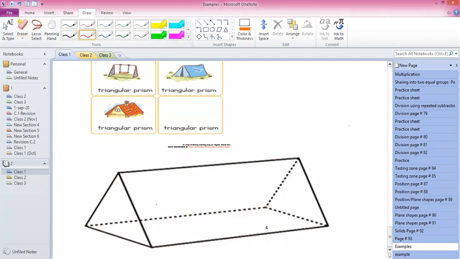If I ask you about the vertices, this is very easy. On the top, 1, 2, 3, and on the bottom 1, 2, 3. Only 6 vertices. So in a triangular prism, there are 9 edges and 6 vertices. How many faces? 5 faces. Is it clear to you guys?